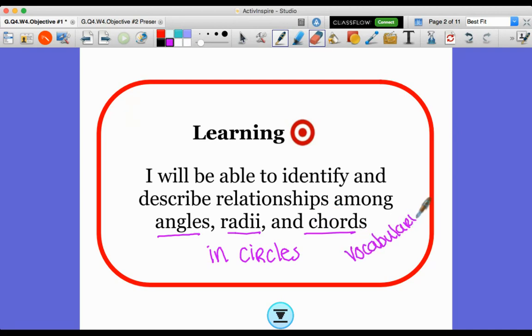There's going to be a lot of terms that we're going to go through. As we continue this unit over the next few weeks, we're going to circle back to these terms and go deeper into them. Right now we're just doing the surface level of defining them, looking at what they are, and identifying them.